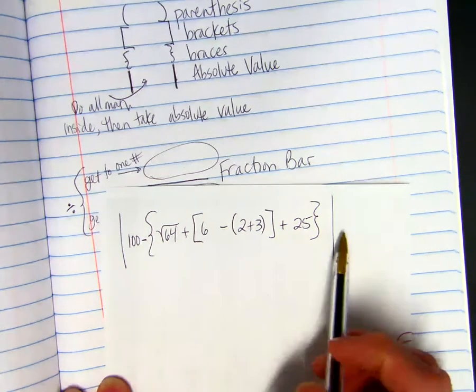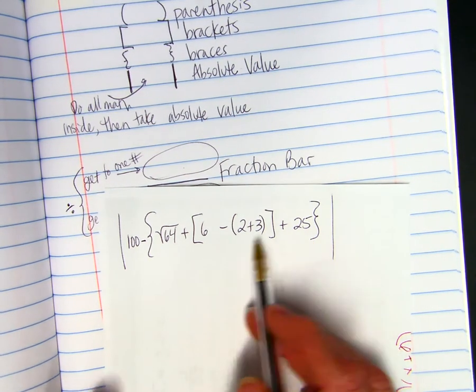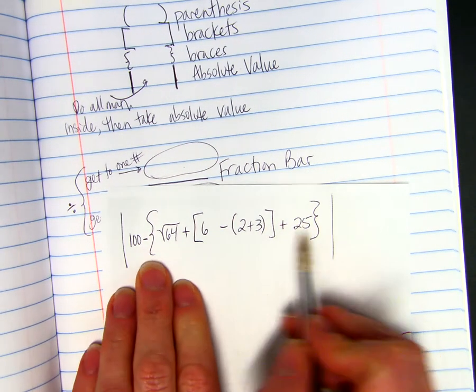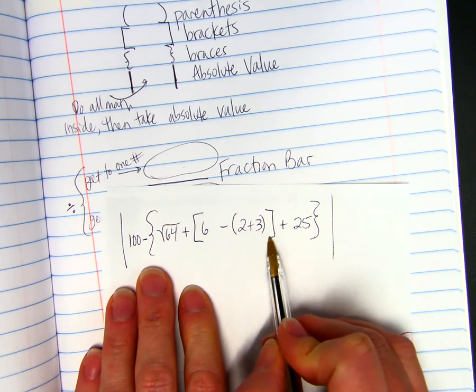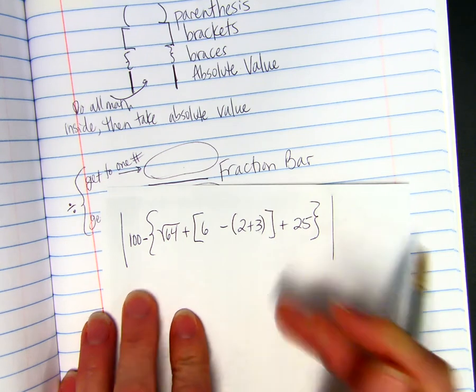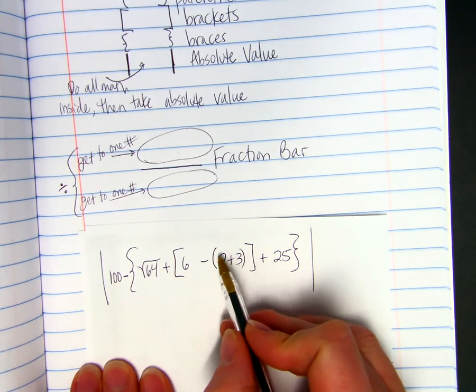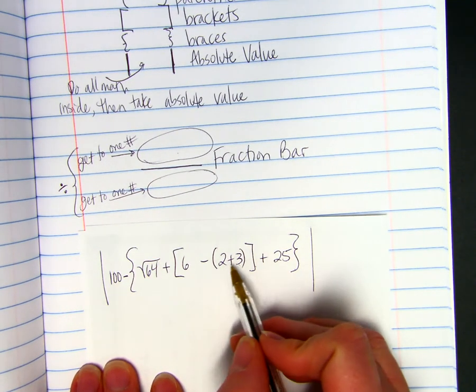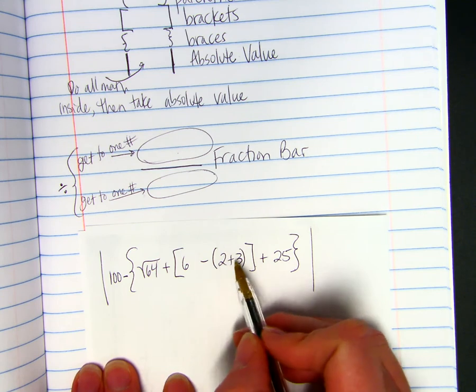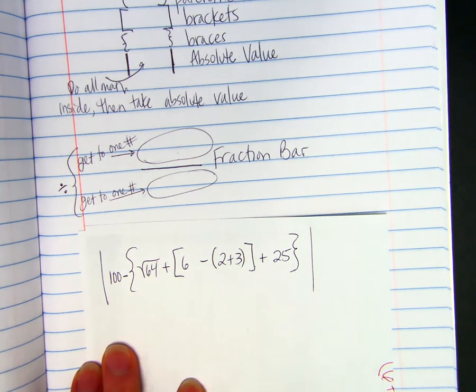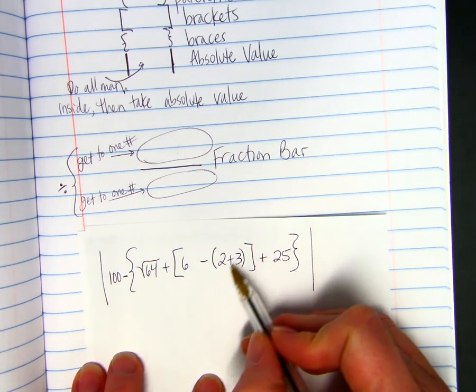Anyway, absolute values are just wherever they put those, but these 3 types of parentheses or symbols of inclusion, we go in order. So we're going to go inside, the very furthest most inside, do all the work in there, and you have to do the order of operations inside this.